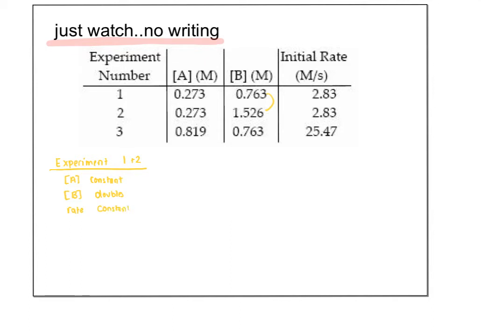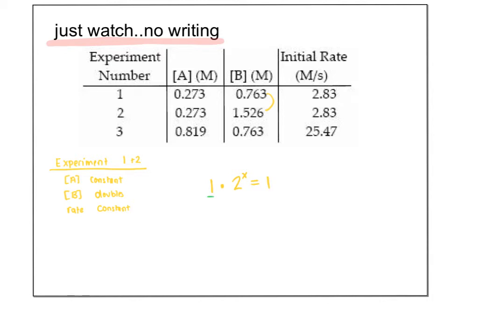Interesting. So because concentration of A is constant, we don't need to include it in our equation. So what we actually, maybe I will. That'll help us with some harder ones. Because A is constant, we are going to put a 1 there times. What is B doing? Well, B doubles, so 2 to the x is what B is doing, and that's going to equal our rate, which is also constant, which is a 1.